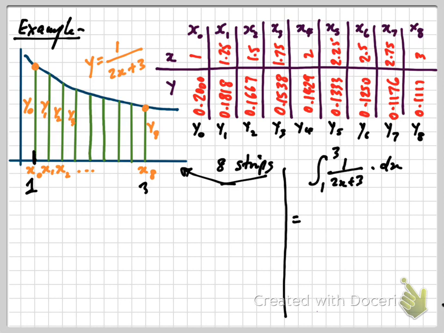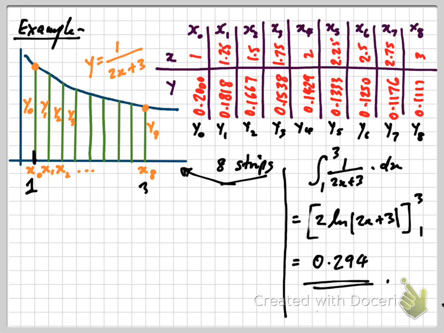Using integration, you will end up with the definite integral of 2 over, it'll be 2 ln of 2x plus 3 from 1 to 3. And if you do the calculation, you'll end up with 0.294.